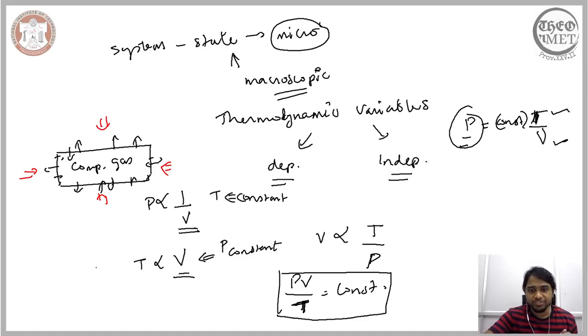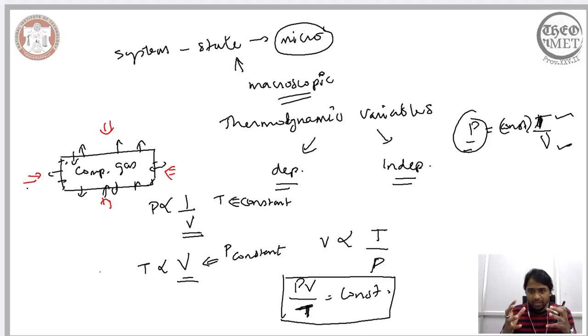This expression allows us to understand one concept that we saw in the previous lecture. When you are describing the state of the system using a specific set of variables, it means that using this set of variables you are able to fix the state of the system.